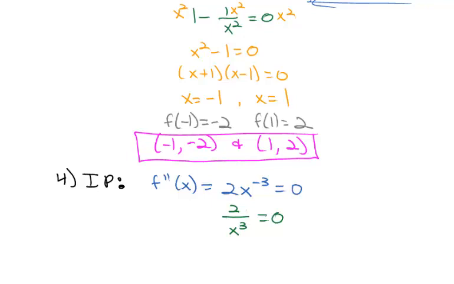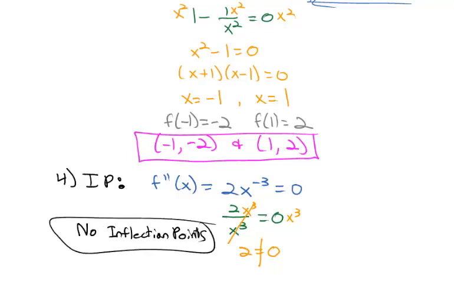But we got another problem, because when we multiply by the denominator here, the x cubes are gone, and we get 2 equals 0, which it doesn't. So that means in this case we have no inflection points. Well, there might be one, actually. Remember, we had a vertical asymptote, so there might be an inflection change at the vertical asymptote. So we'll see if that works out.